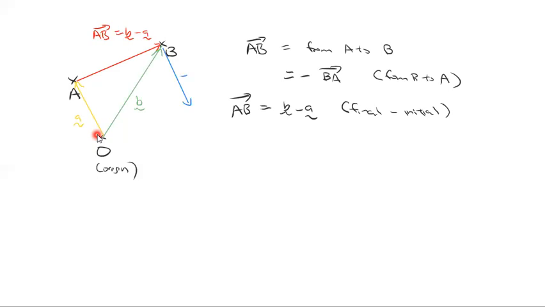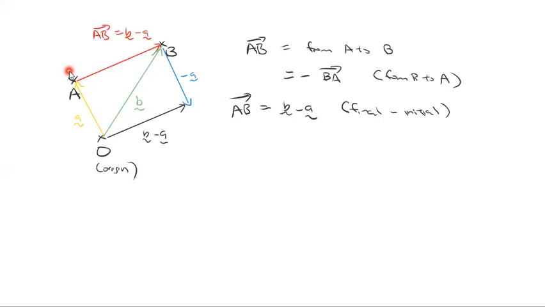This is negative A. And this would therefore be B minus A. And you can see that this is the same vector but in opposite direction. So it's the same length and parallel. This is therefore going to be a parallelogram, and so those are the same length, in the same direction and parallel. So in other words, AB is always B minus A.